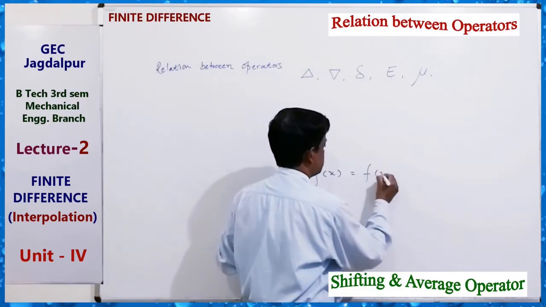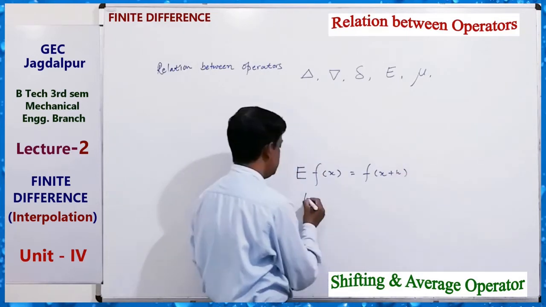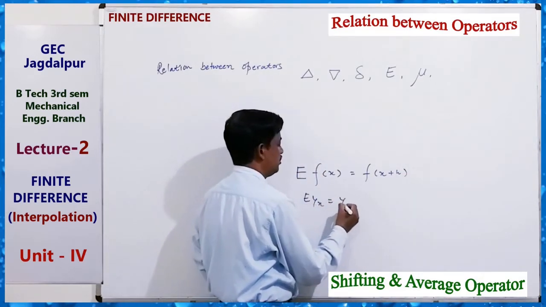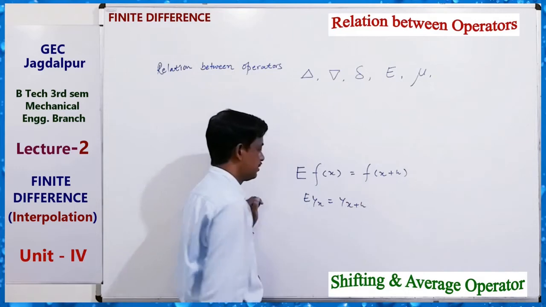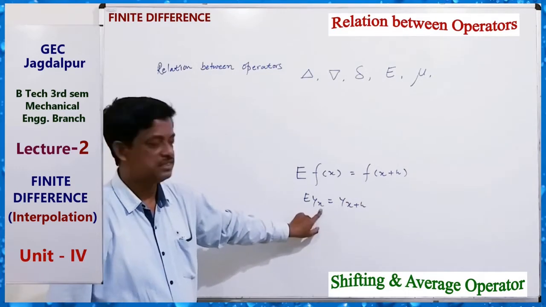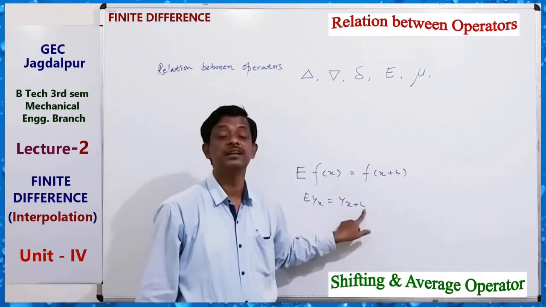So f(x plus h). That is, E yx means what? Yx plus h. Argument is increased by one times of interval of difference.